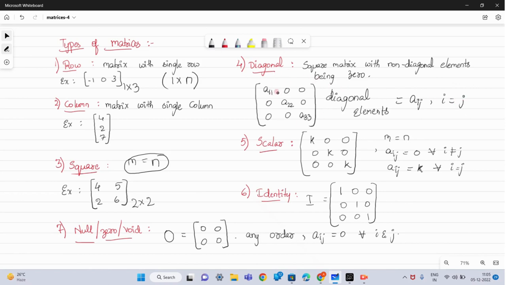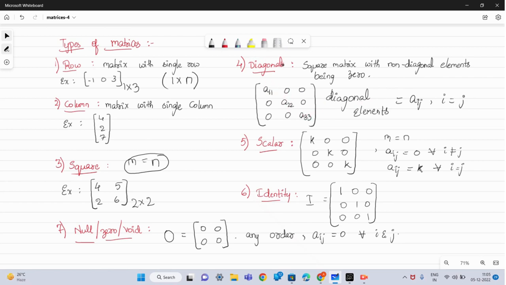For this example, A11, A22, A33, all these 3 are diagonal elements because i and j are equal. Here 1 and 1, here 2, 2, here 3, 3. So these are the diagonal elements.